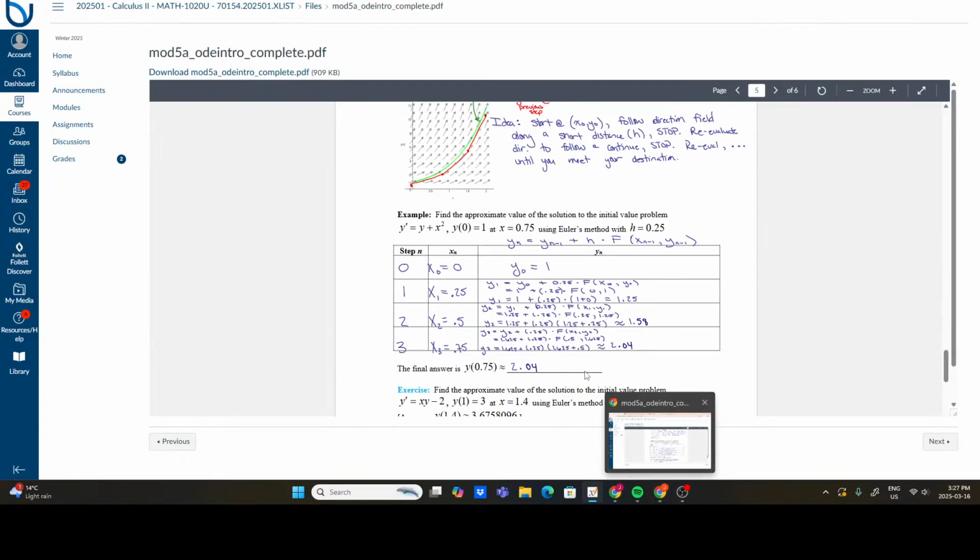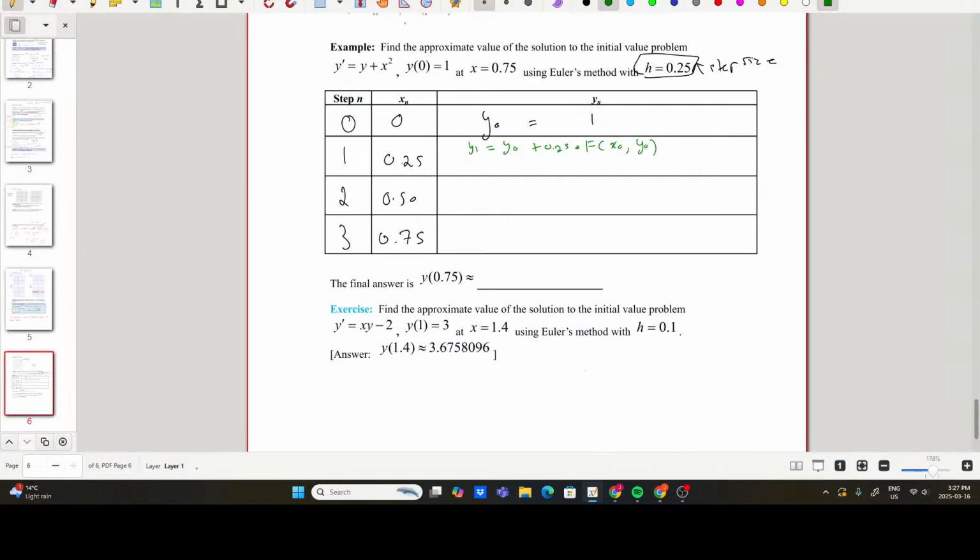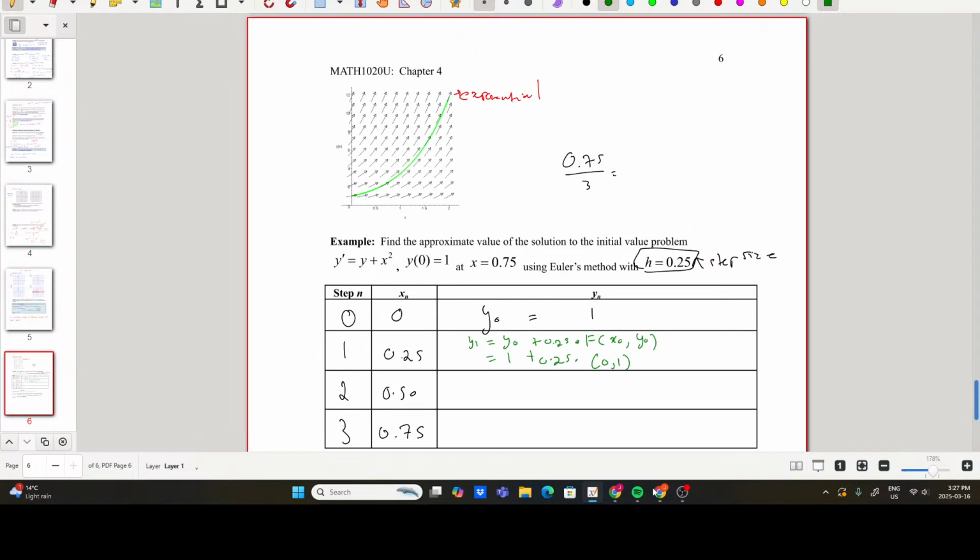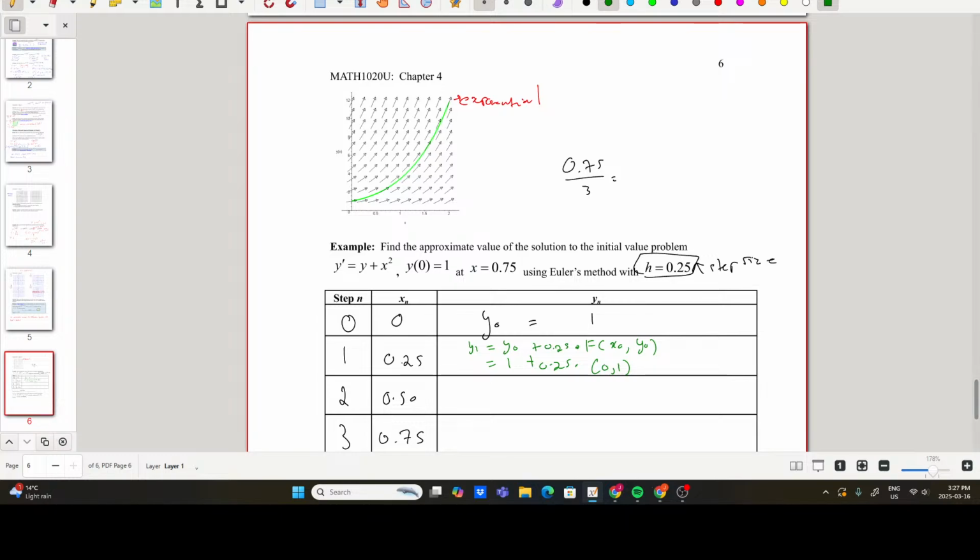So this is going to be equal to 1, which is the initial value, plus 0.25 multiplied by f of x naught, y naught, which is 0, 1 in this case. x is 0, y is 1.